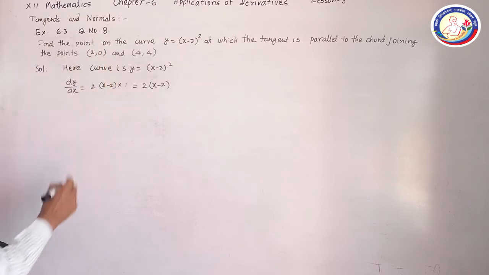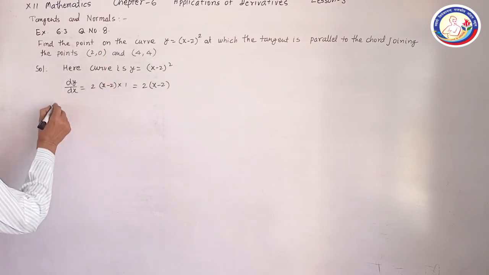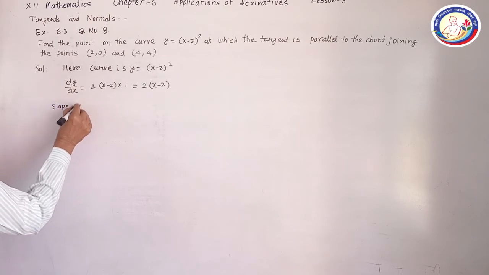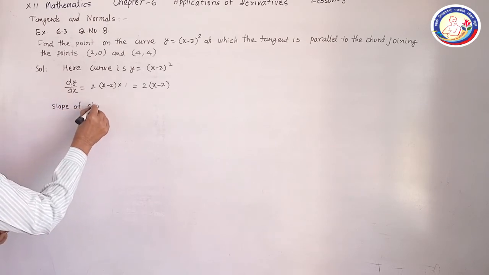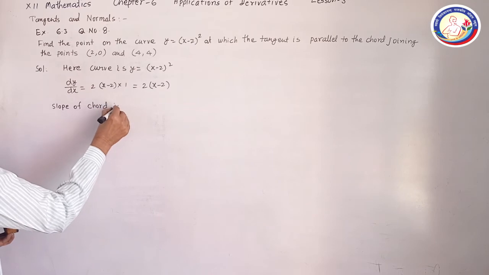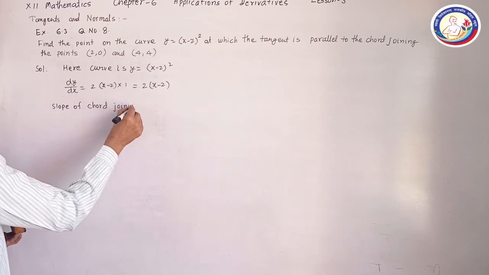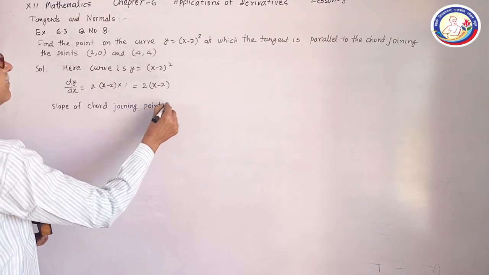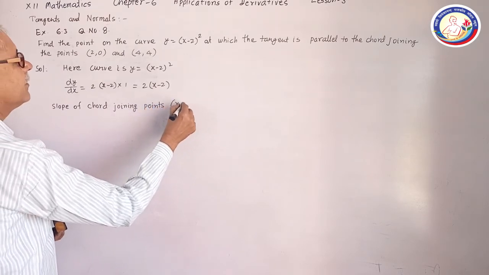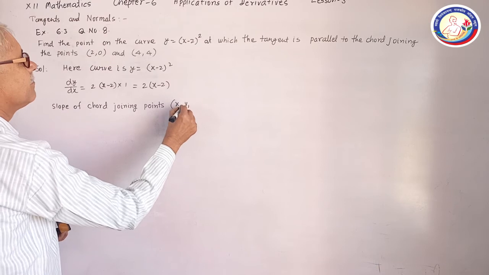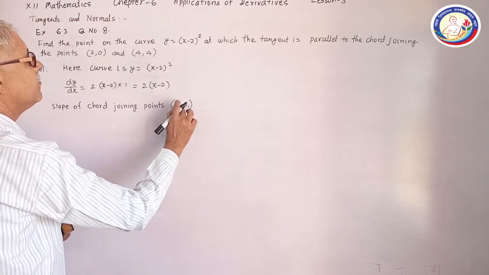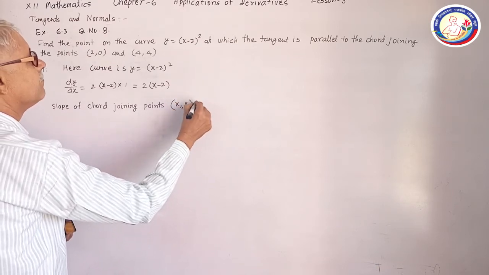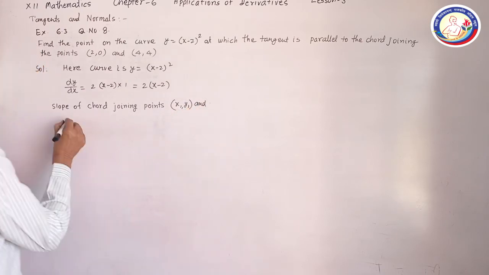Now we come to the slope of the chord joining points x1 y1 and x2 y2.